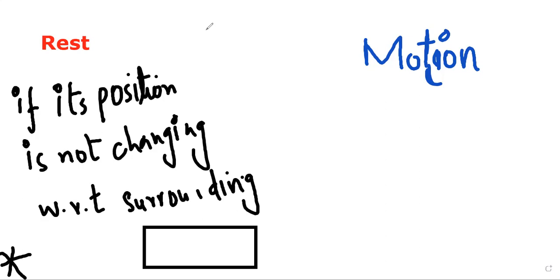Suppose it is 5 centimeter from screen, so it is at 5 centimeter for a long time. Then we would say that it is actually not changing its position with respect to its surrounding. That's why it is in state of rest.